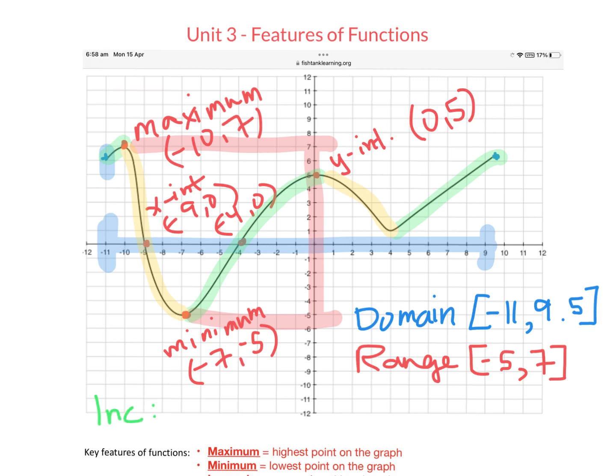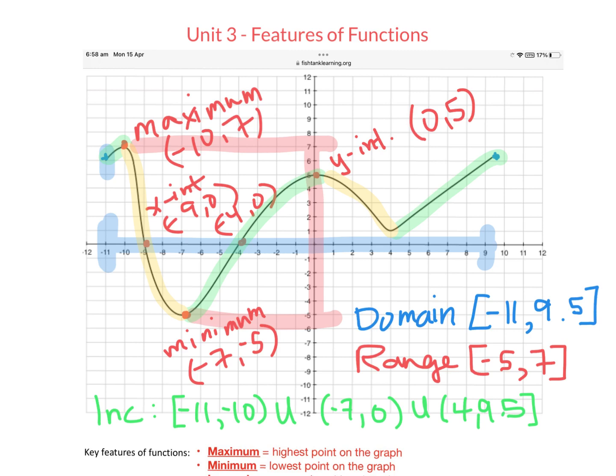Looks like it starts increasing at -11, nothing before that, so square bracket, all the way to -10, close parentheses, in union with, remember that union symbol, and then -7, so this is just parentheses, -7, comma, looks like at 0, where it stops increasing, and then again, union with 4 to 9.5, and 9.5 will get a square bracket. So that's where it's increasing.